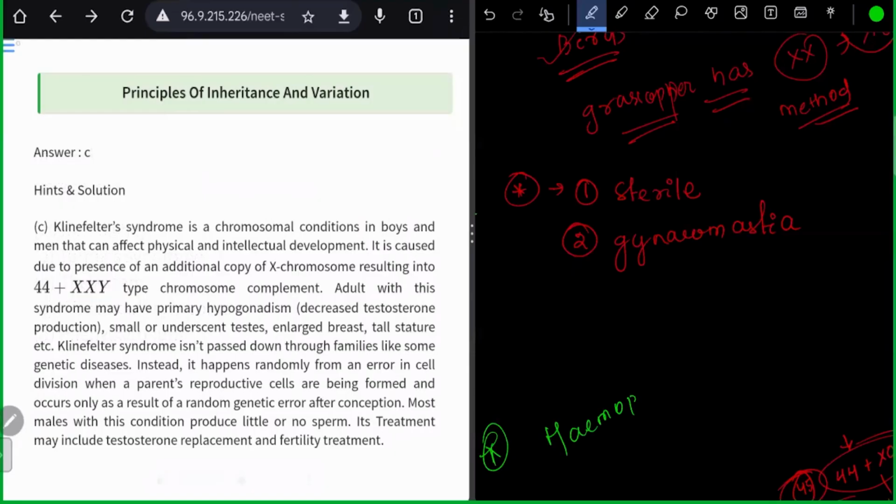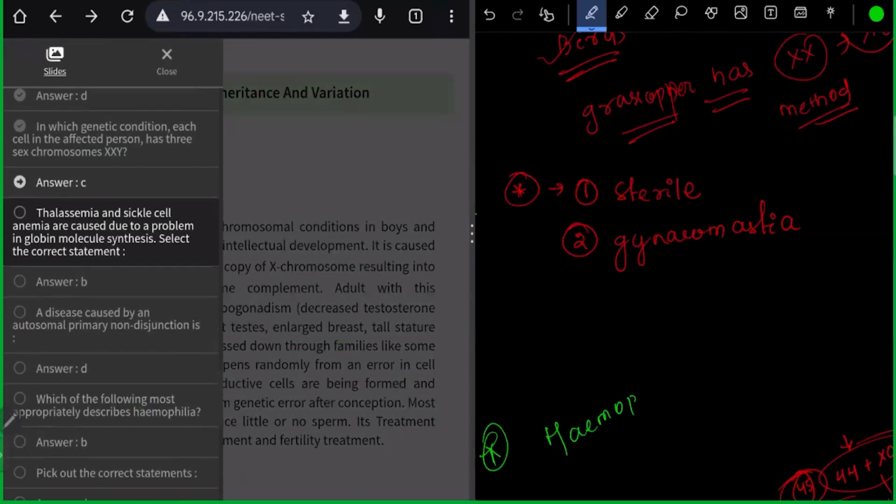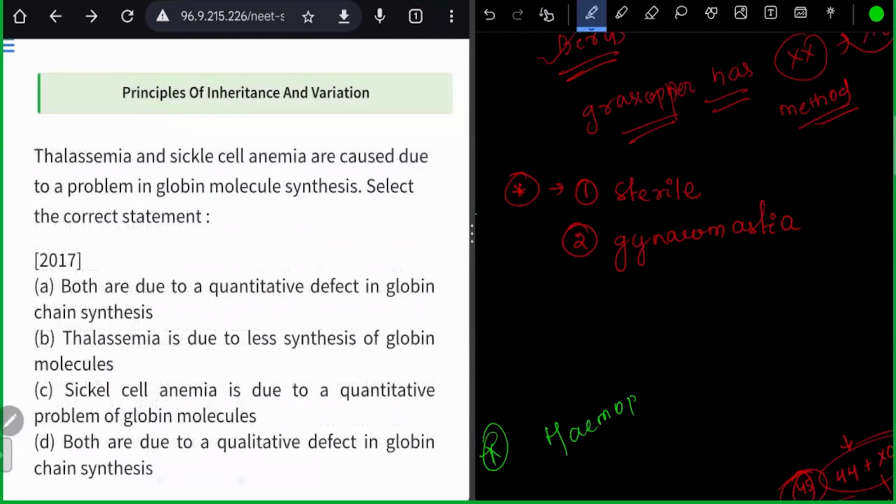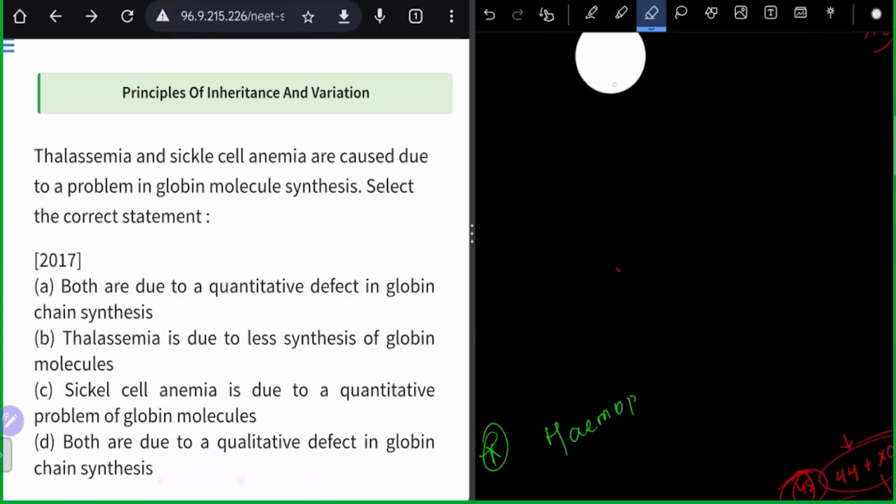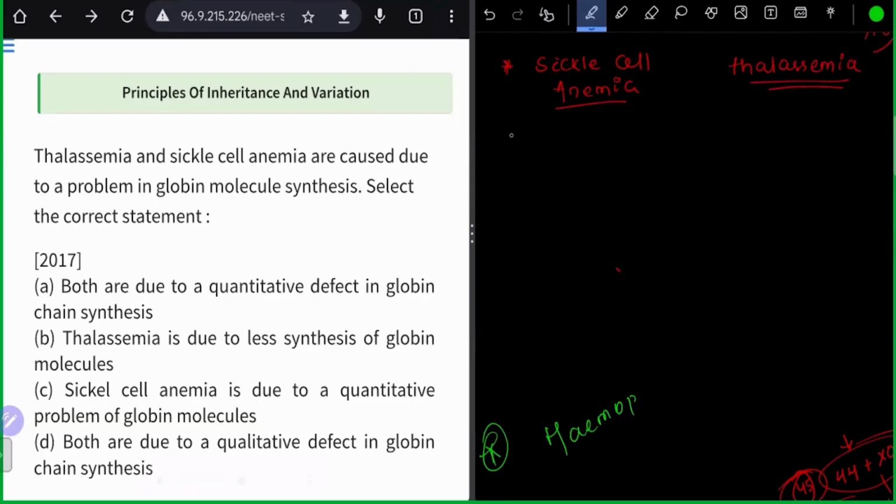Okay, so we'll move to next question, which says thalassemia and sickle cell anemia are caused due to a problem in globin chain molecule synthesis. Select the correct statement. Here you can see in sickle cell anemia, and one is thalassemia. Here, due to point mutation, the GAG is replaced by GUG.